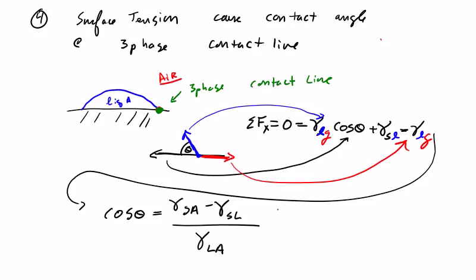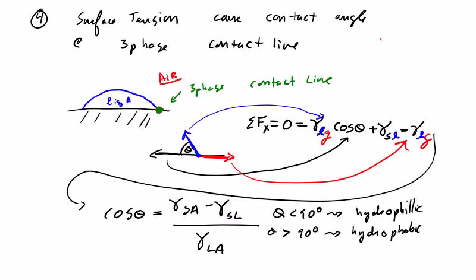If theta is less than 90 degrees, and remember theta is measured from inside the liquid, from the solid surface to the liquid, this is a surface that we call hydrophilic, meaning water wants to be close to it. If theta is greater than 90 degrees, we say a surface is hydrophobic. And if theta is really big, greater than about 130 degrees, we sometimes say it's super hydrophobic.